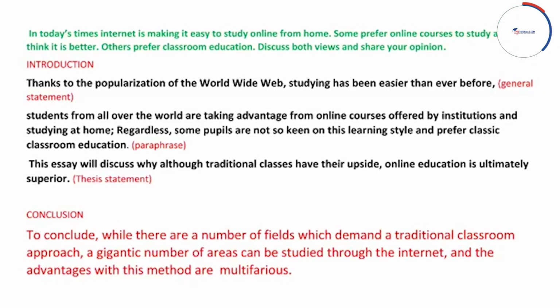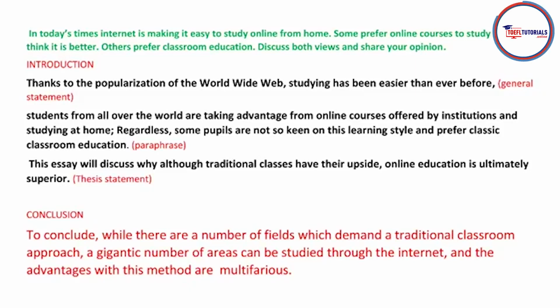To conclude, while there are a number of fields, ultimately what I am doing is giving the advantages of both parts. But my opinion is online classes are better. I am saying that while there are a number of fields which demand a traditional classroom approach, this word gigantic means I am favoring this side more. A gigantic number of areas can be studied through the internet, and the advantages with this method are multifarious.